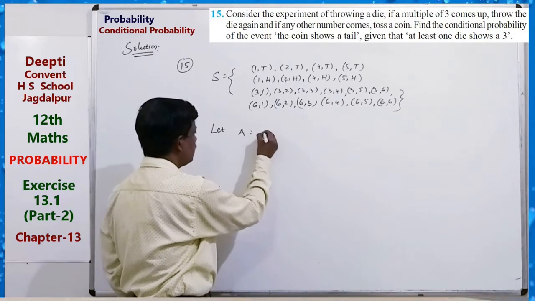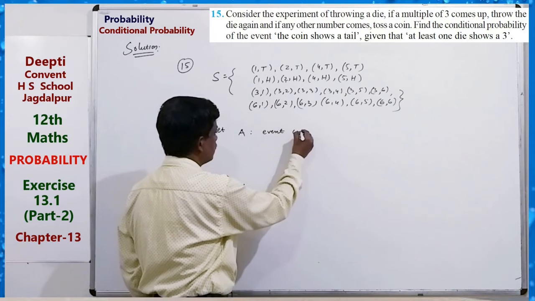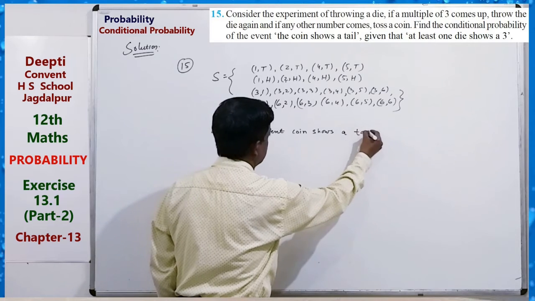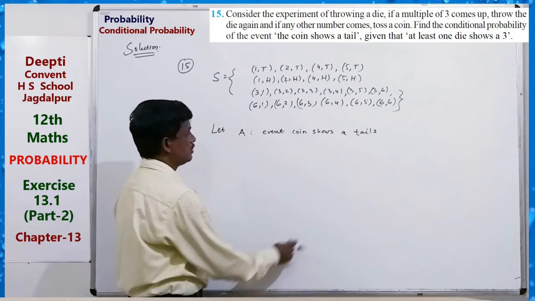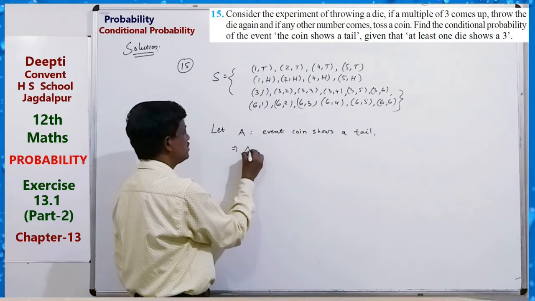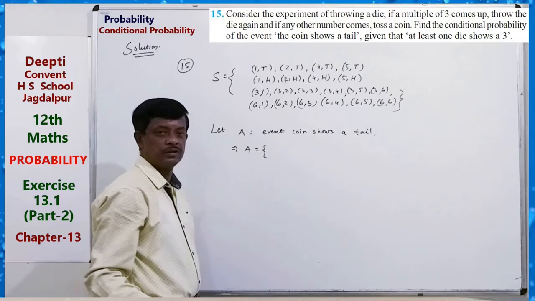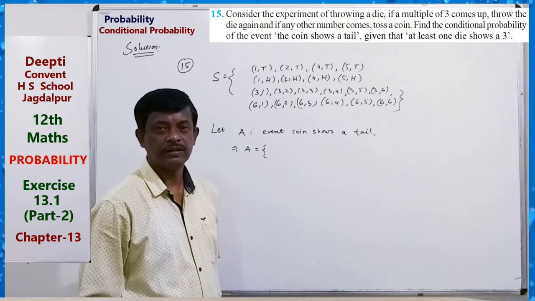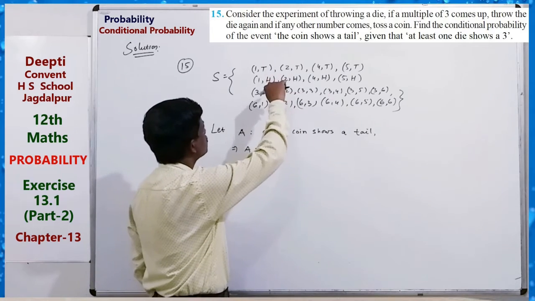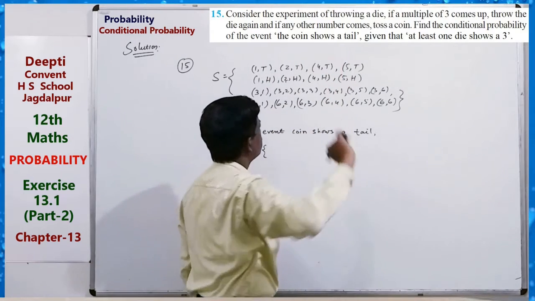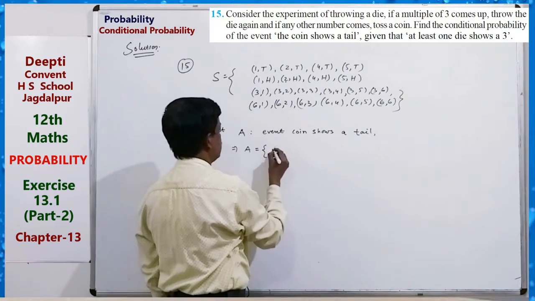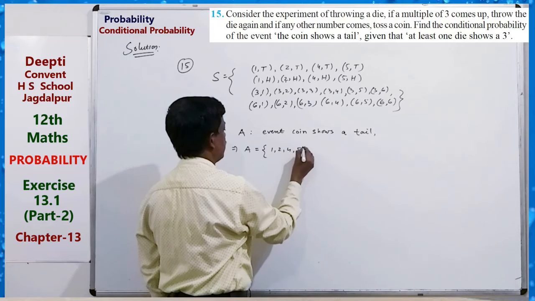So A event: coin shows a tail. That means coin shows a tail, this 1, 2, 4, 5 and T. Here this, 1, 2, 4, 5.